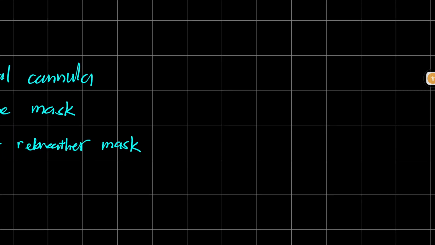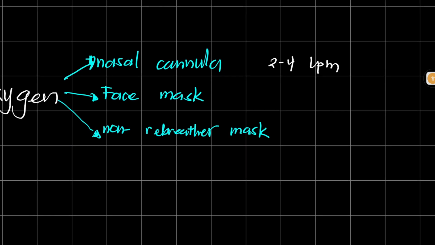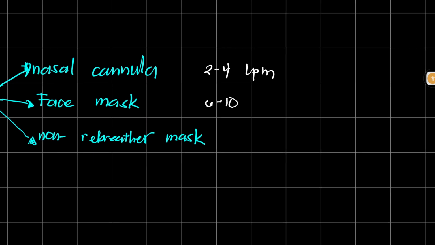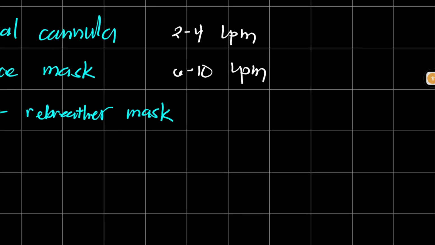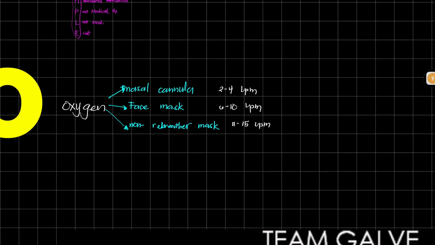For nasal cannula, you can give 2 to 4 liters per minute. For face mask, around 6 to 10 liters per minute. For non-rebreather mask, around 11 to 15 liters per minute.